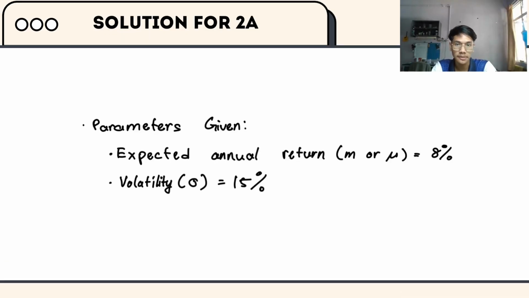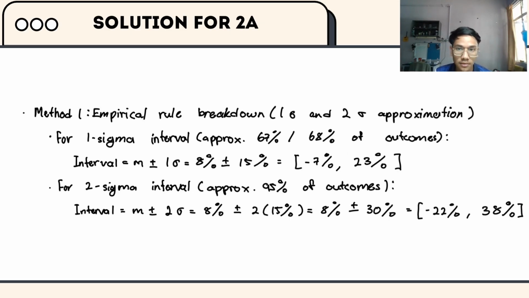So these are the parameters given: the expected annual return of 8% and a volatility of 15%. For question A, we're going to have two methods, and the first method is the empirical rule breakdown. It is actually an approximation.